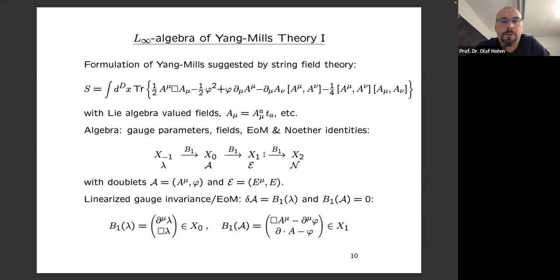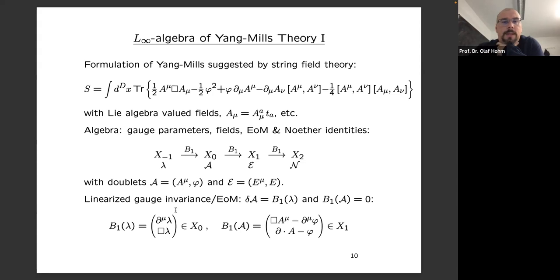Then you have another space, which you can think of as the space of equations of motion, or in the more standard BV context, you would call this antifields. You need a space where the variation of the action or the equations of motion live. And then there's one more space, which in Chern-Simons was the space of 3 forms, which you can think of as encoding Noether identities or Bianchi identities.